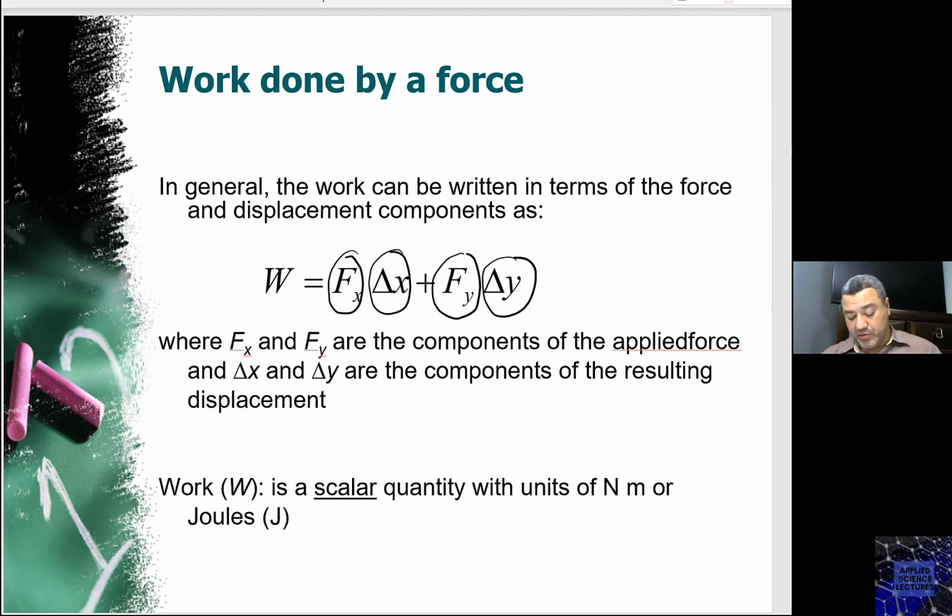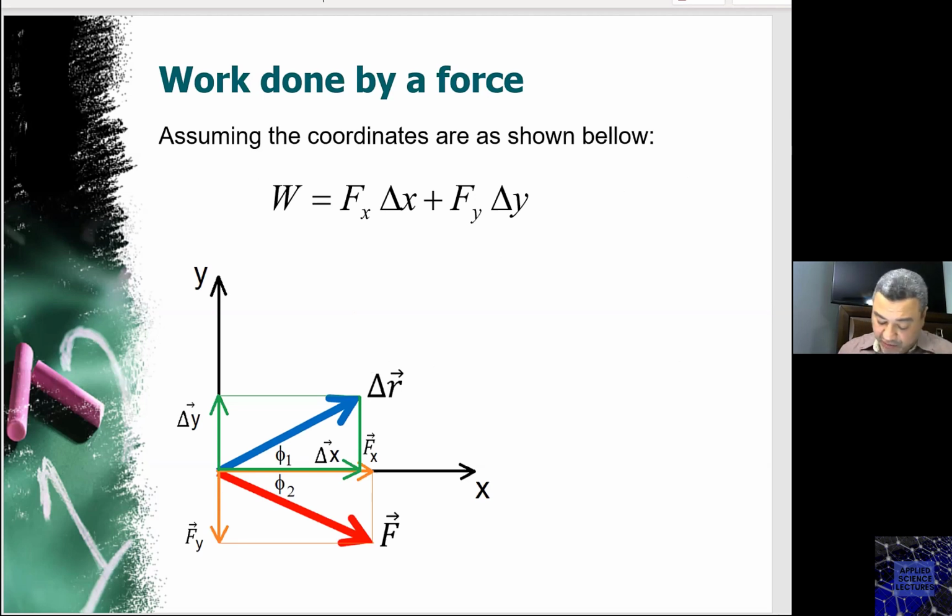So the work done would be the component Fx times delta x, the component of the displacement on the x-axis, plus Fy times delta y. How? So let me go to slide 6 first.